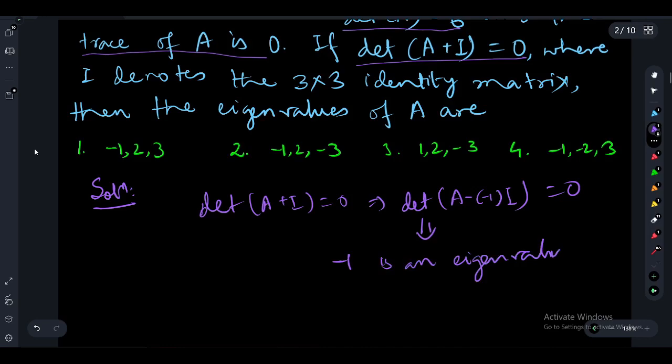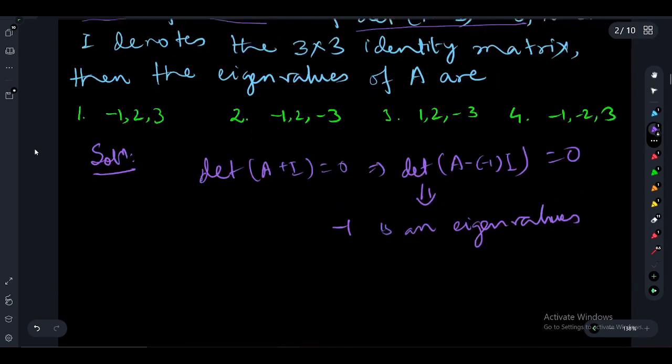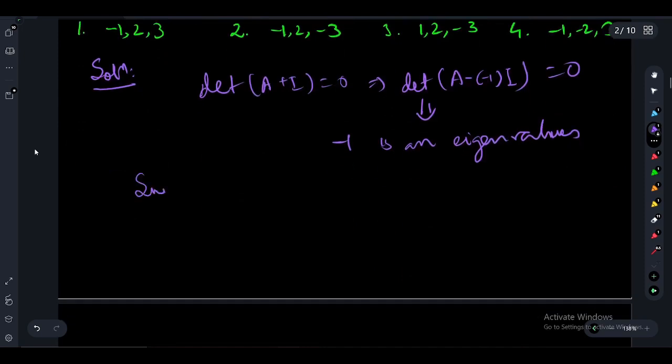Now we know one of the eigenvalues, so using that we can find the other eigenvalues. Suppose the other eigenvalues are lambda 1 and lambda 2.